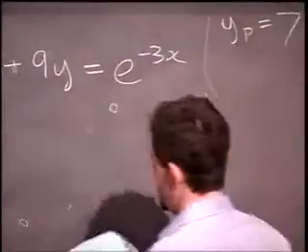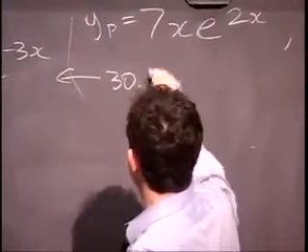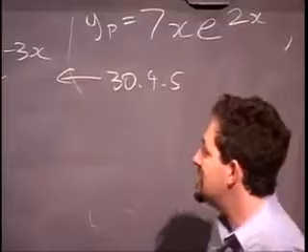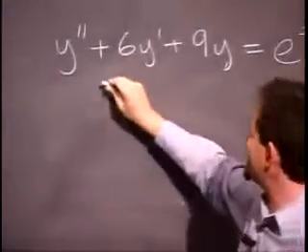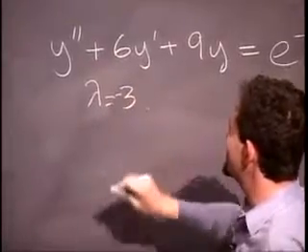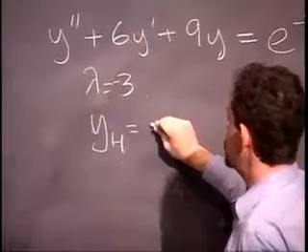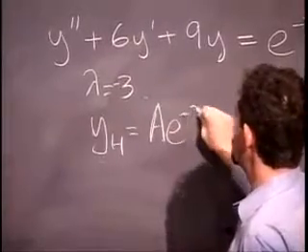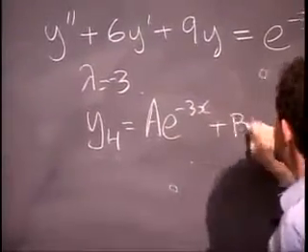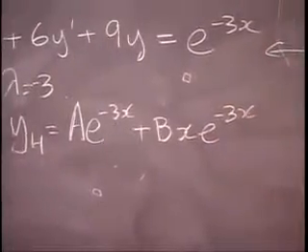I work this out in section 30.4.5. This is the resolving conflict section. If you solve this, the characteristic equation has solutions minus 3 and minus 3. So you'll find that yh is equal to a e to the minus 3x plus bx e to the minus 3x. That was just the standard method.